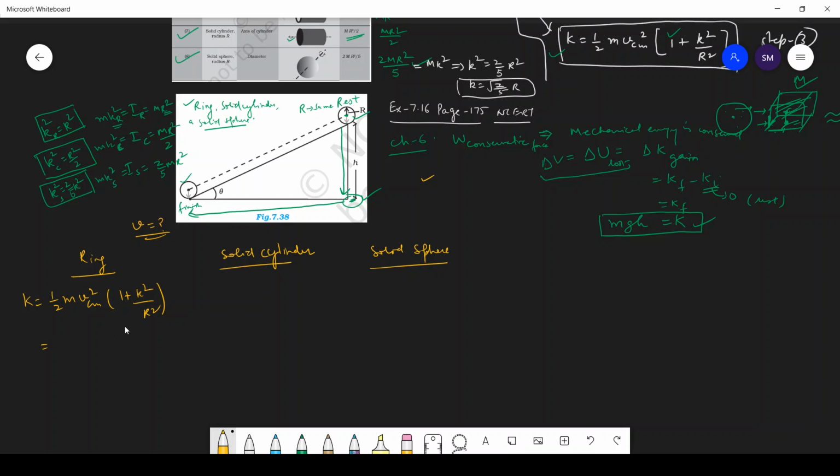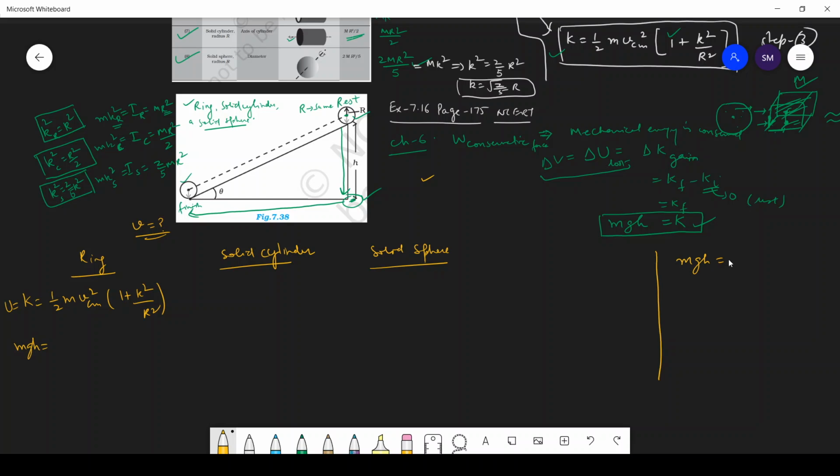Kinetic energy is equal to the potential energy loss, that is mgh, and that's equal to the kinetic energy gained. If we solve this equation for all three of them, the equation will be the same. Let us solve it over here.